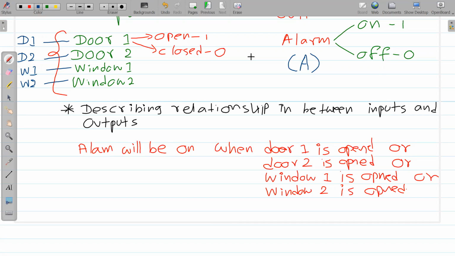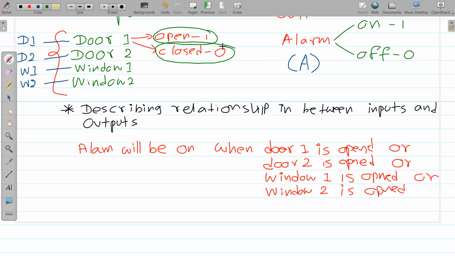Right. Now what I'm going to do is convert this description into variables. I'm going to rewrite the description with the variables. But before we go to the variable description, I need to show you how the variable goes with these states: how the open state is indicated, and how the closed state is indicated.